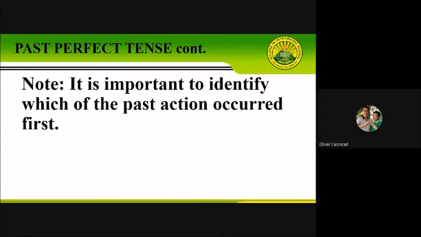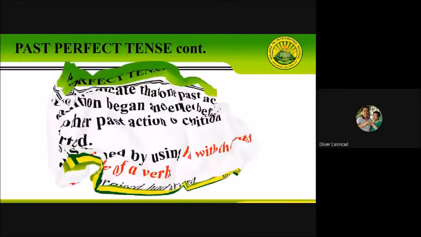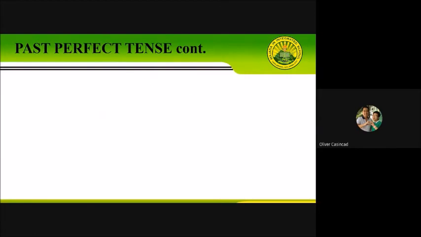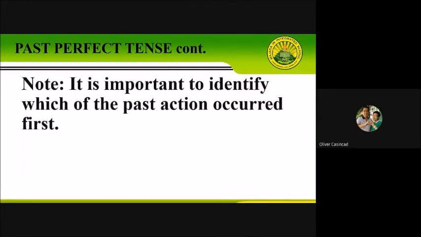Because in a sentence with the past perfect tense of the verb, there must be two significant actions that happened in the past, the first action and the second action. Which of the two should be in the past perfect? Of course, according to its definition, the first to happen should be in the past perfect tense.